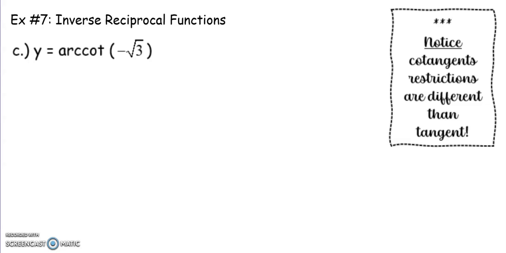So please be careful with your reciprocal functions. And note that your cotangent restrictions are different than your tangent restrictions. Tangent goes from quadrant 4 to quadrant 1. Cotangent goes from quadrant 1 to quadrant 2, just like cosine.